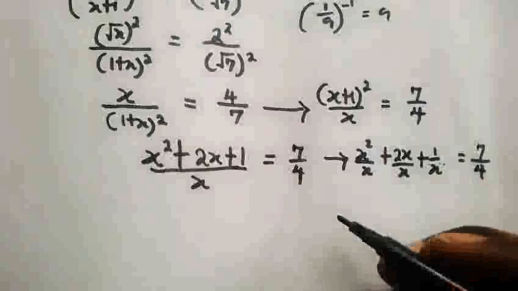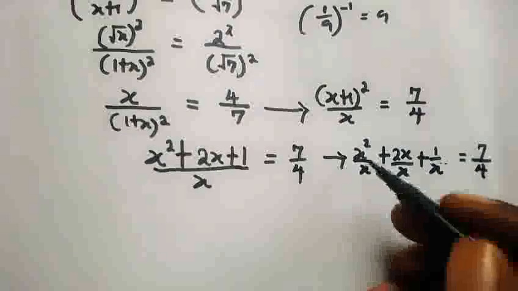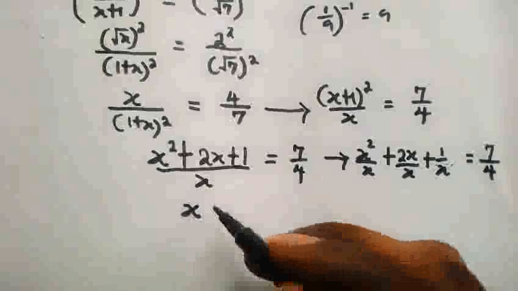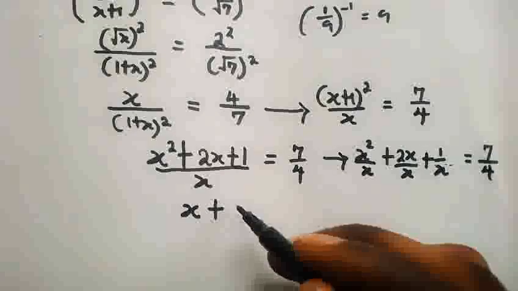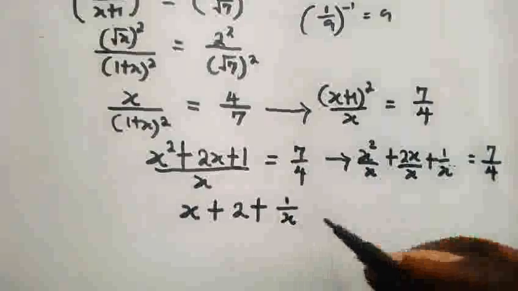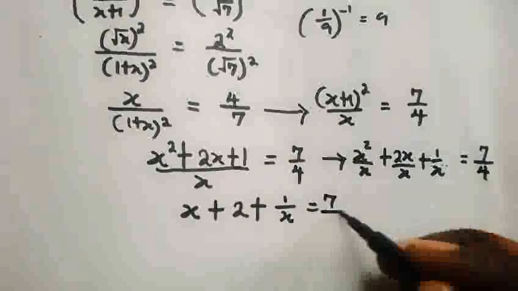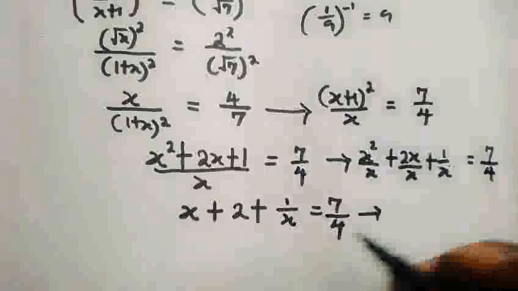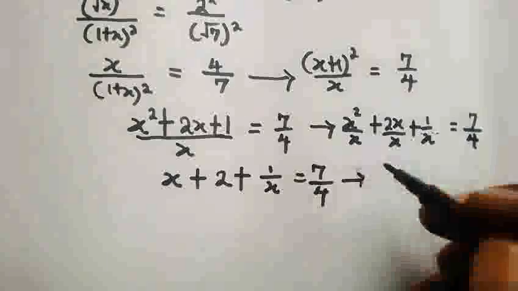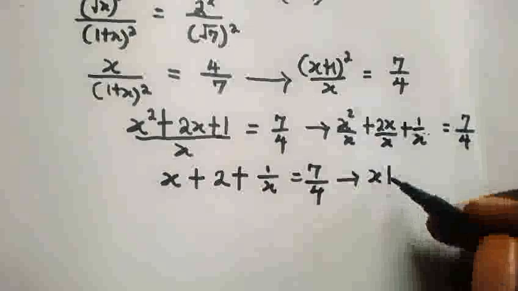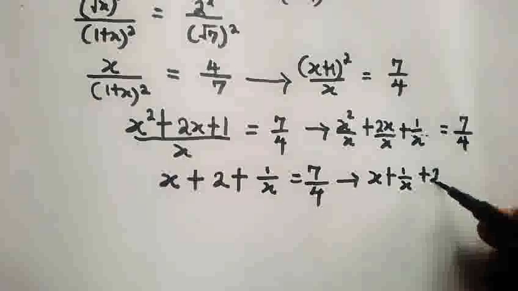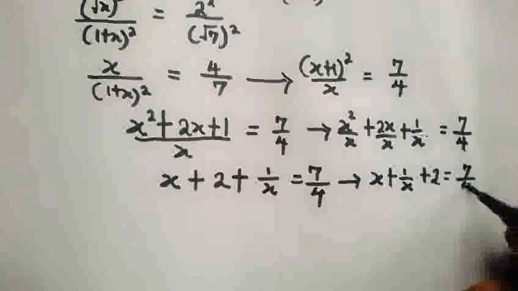Simplifying the left hand side, we have x plus 2 plus 1 all over x is equal to 7 all over 4. Now we rearrange this left hand side so it looks like x plus 1 all over x plus 2 is equal to 7 all over 4.